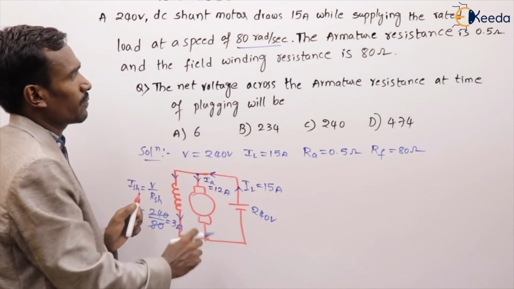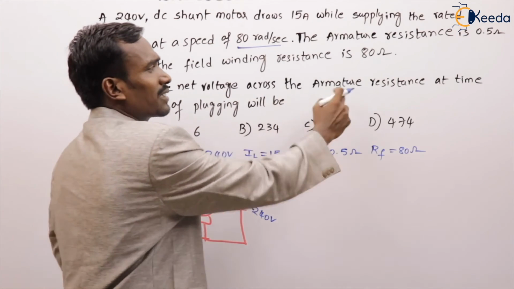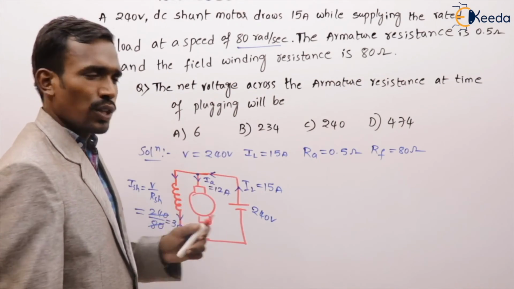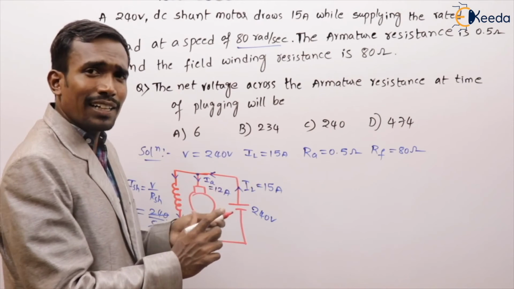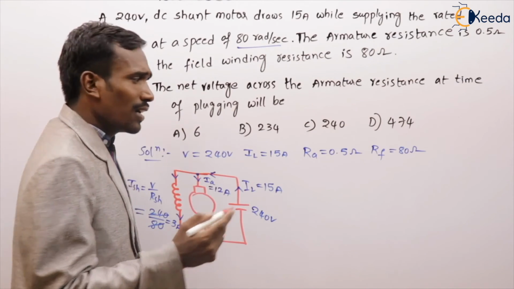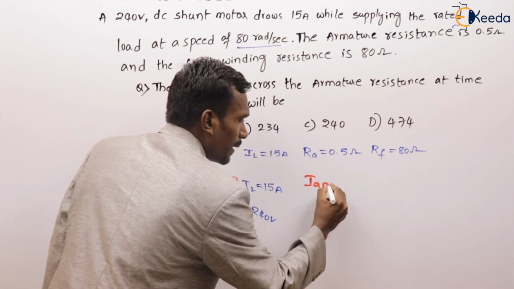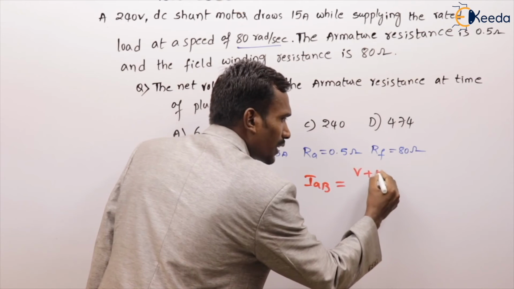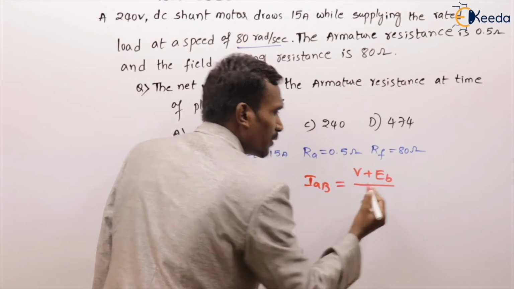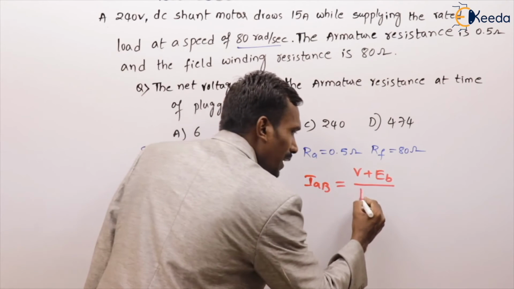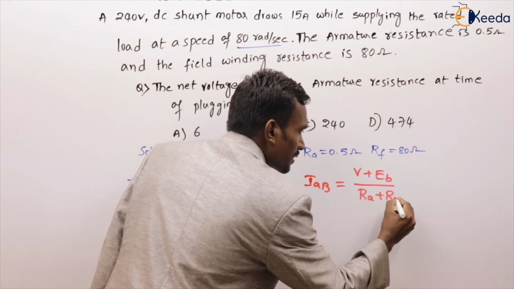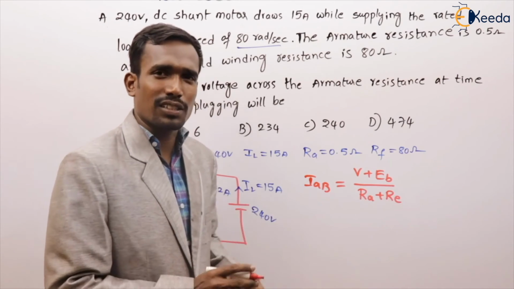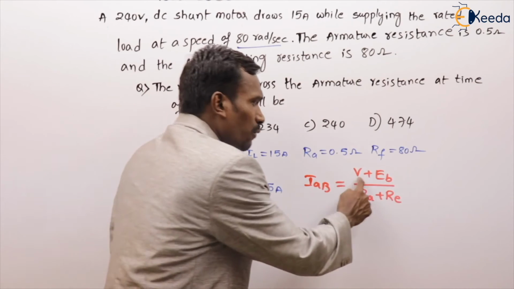Now let's see the question. The net voltage across the armature resistance at the time of plugging. Do you know what the current is at the time of plugging? The braking current IAB is equal to, what is the formula? The supply voltage plus back EMF divided by armature resistance plus extra resistance. What is the voltage now?